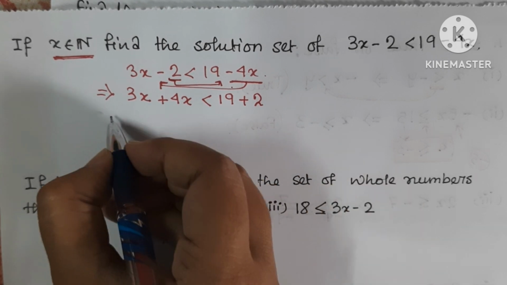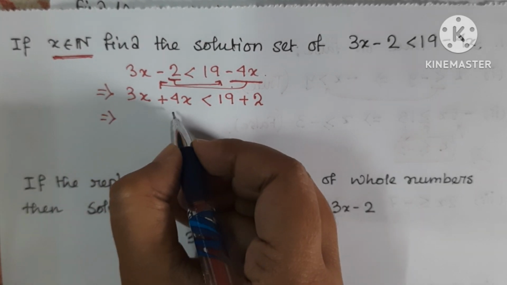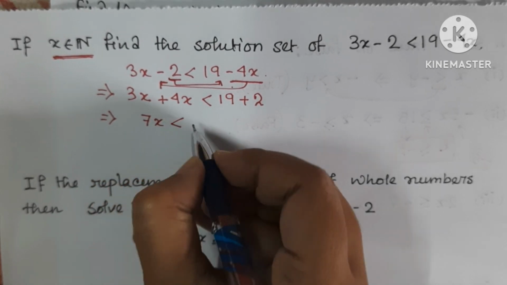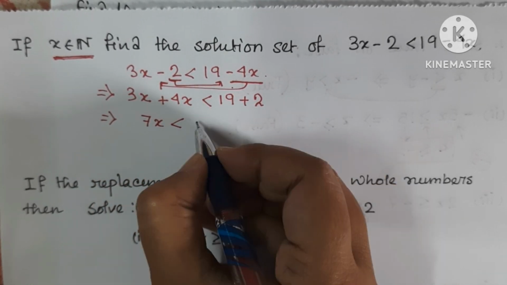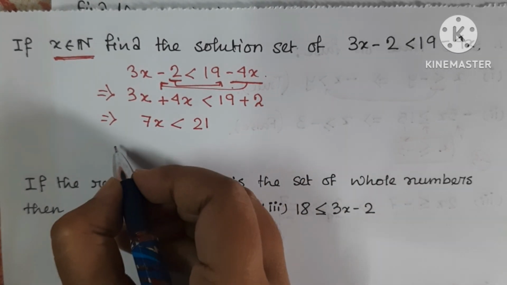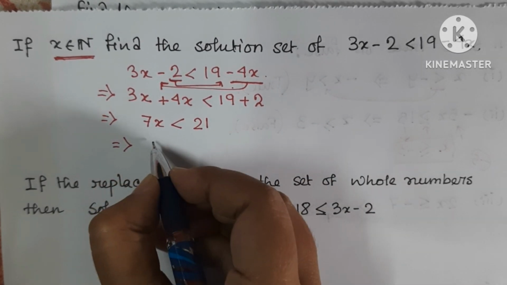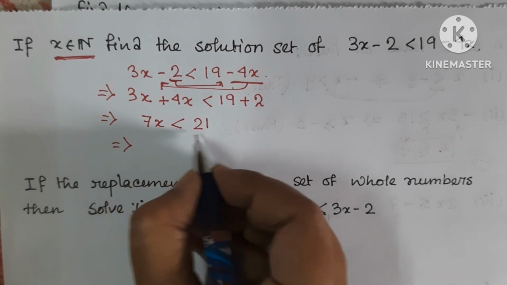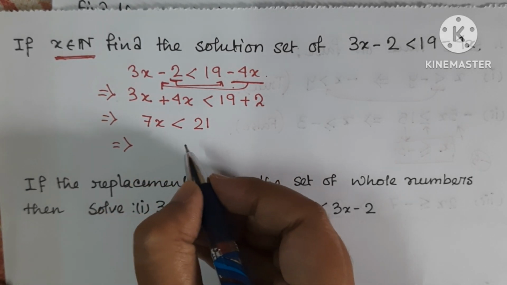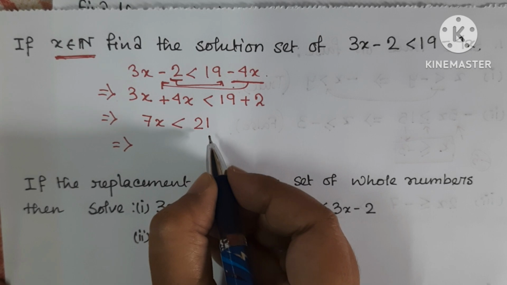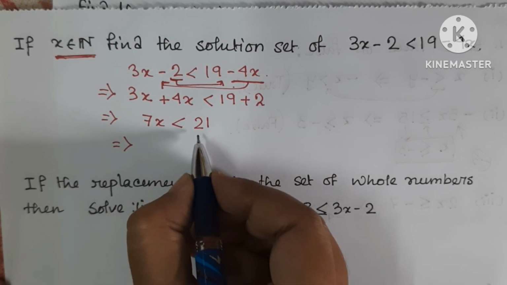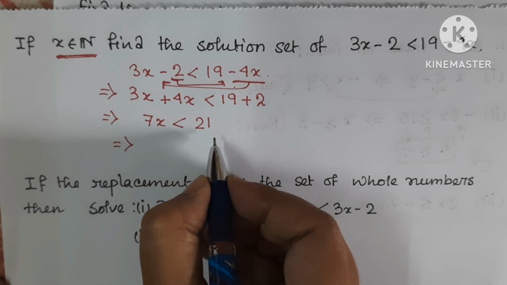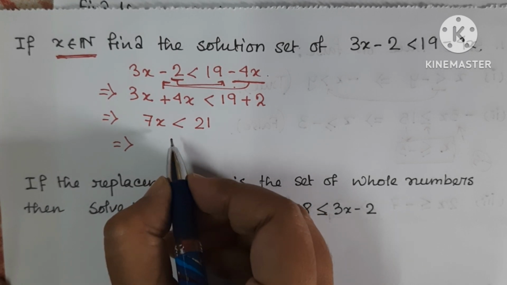Got it? 3x plus 4x becomes 7x, that is less than 19 plus 2, which is 21. Now if you divide both sides by 7, 7x is less than 21, so dividing both sides by 7, and 7 is a positive number, so no need to change the symbol.